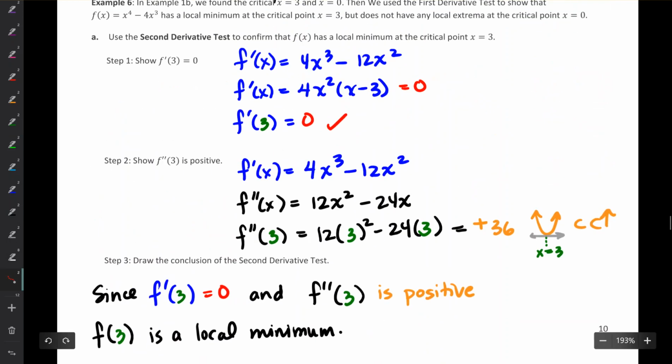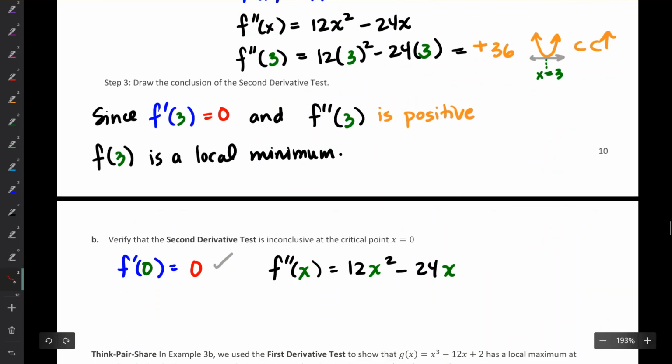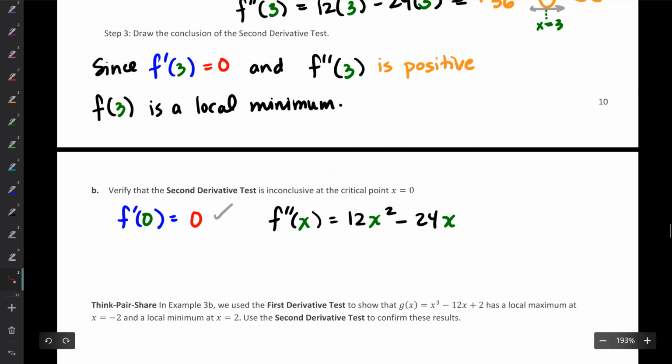These were our critical points, 3 and 0, but I'm just writing that note in. Now here's the bummer. The second derivative evaluated at 0 is 12 times 0 squared minus 24 times 0. Oh, bummer. 0 minus 0 is 0.